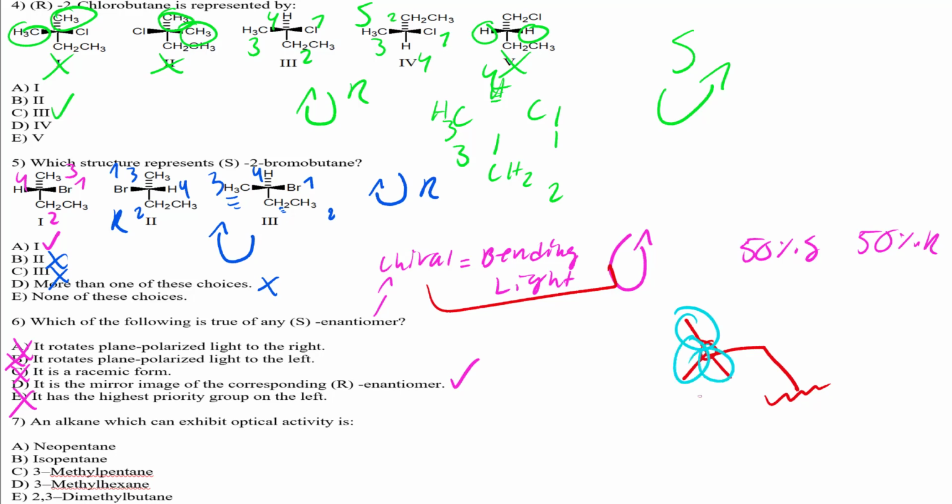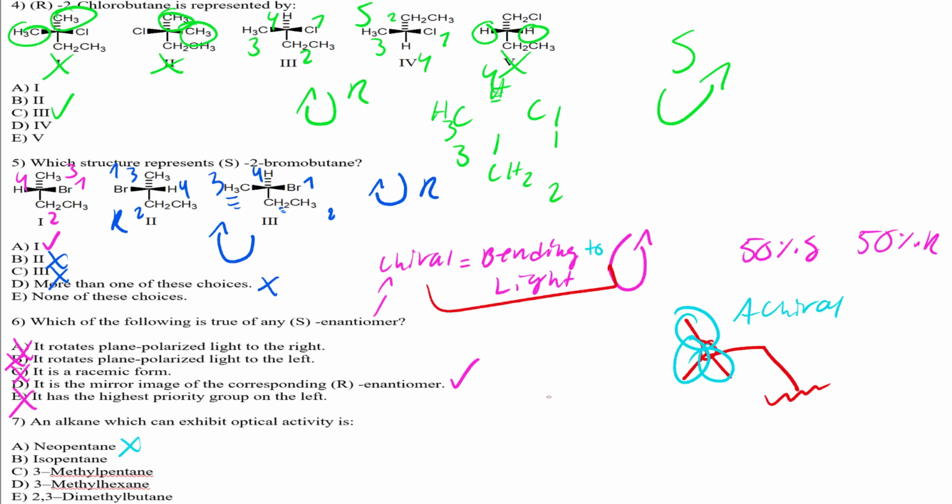So 1, 2, 3. And since it has 3 of the same groups, it's going to be achiral. And achiral does not exhibit optical activity. It does not bend when exposed to light. So this is incorrect. Bad.